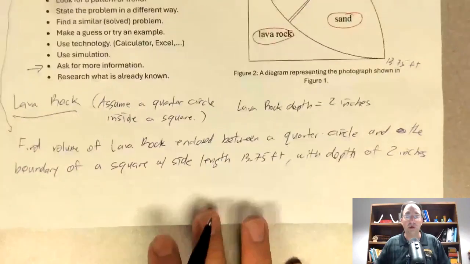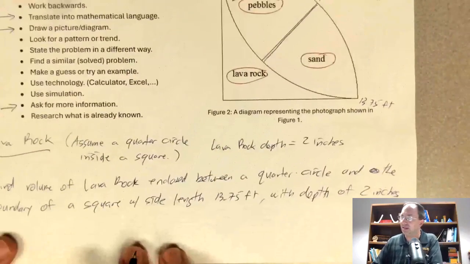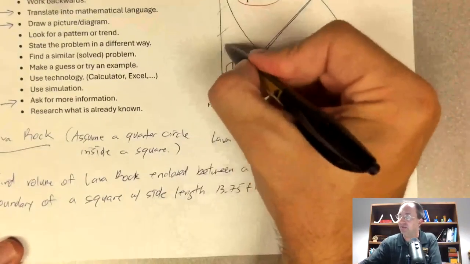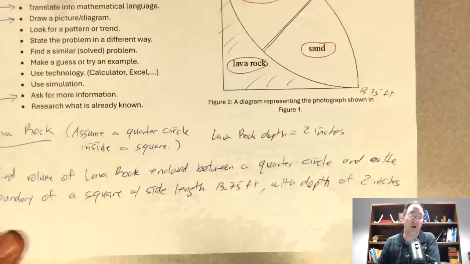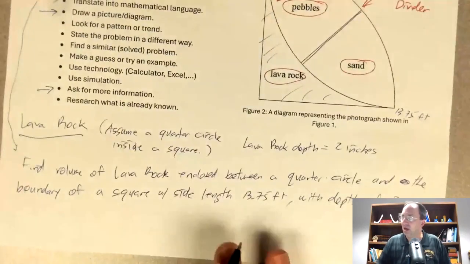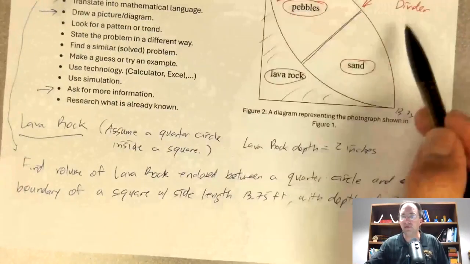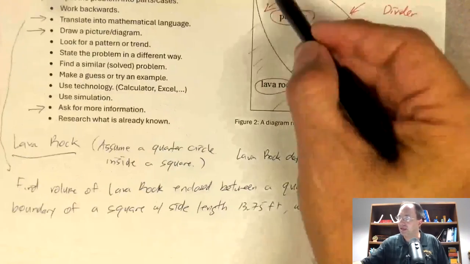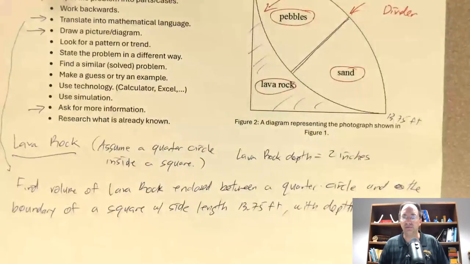In fact, we can go ahead and do that now. We can see that if I wanted to know the area of this region, or the volume if I multiply by the depth, it's going to be basically the area of the entire square minus the area of this quarter circle.